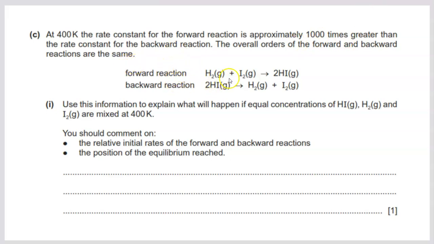So this is the forward reaction, formation of hydrogen iodide, and breakdown of hydrogen iodide is a backward reaction. Use this information to explain what will happen if equal concentrations of hydrogen iodide, hydrogen and iodine are mixed at 400 Kelvin. You should comment on the relative initial rates of the forward and backward reactions and the position of the equilibrium.